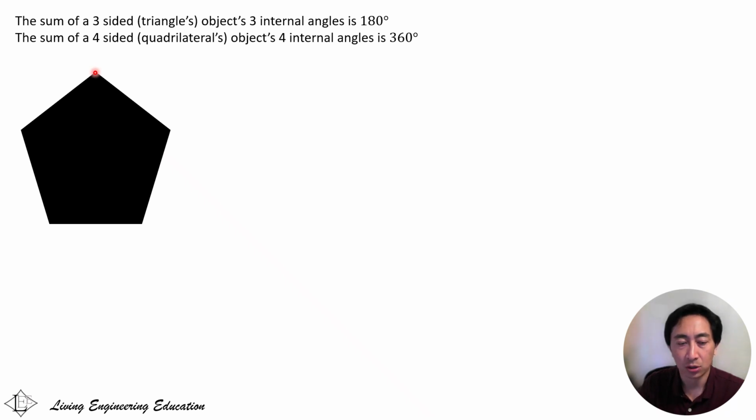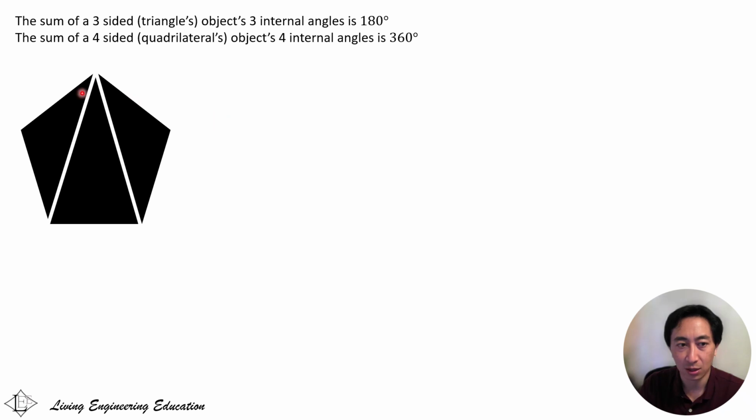In doing that, you're not creating any new intersecting lines. So if I choose this point, I draw lines to each of the other points. Two of those lines are just going to be edges of the pentagon. The other two are going to split my pentagon into three triangles.